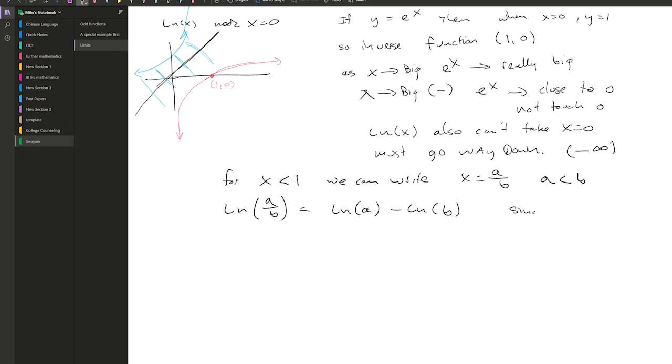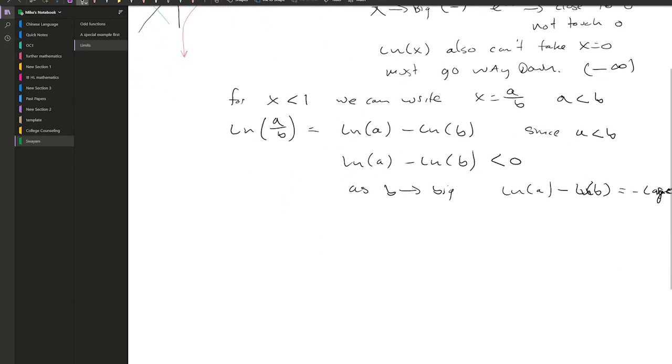And since a is less than b, the natural log of a minus the natural log of b is less than 0. And as b gets big, the difference of the natural log of a and the natural log of b gets to be a very large number, negative large. So that's what's kind of happening here, and this is part of that investigation that we want to think about.